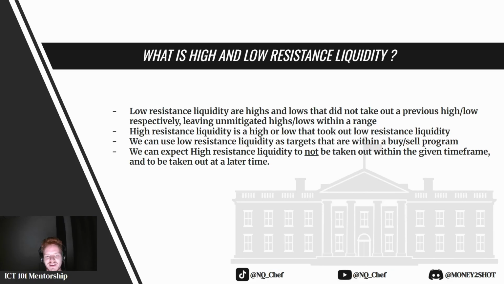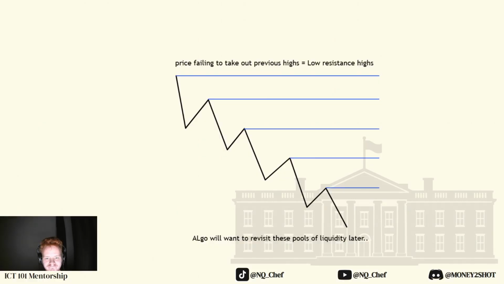High resistance liquidity can also be on a higher time frame, low resistance liquidity, right? Everything is fractal. So within the given time frame, we can expect the high resistance liquidity not to be taken out, meaning we can form a reversal off that key area. Right.